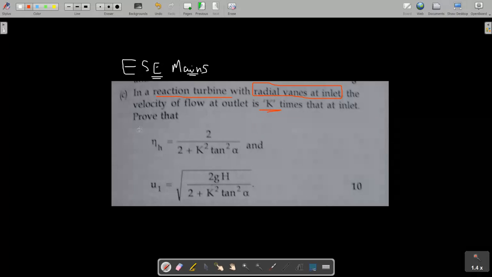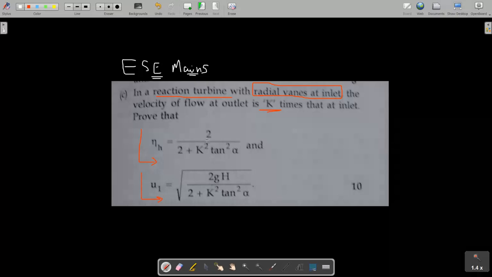So we have to prove this hydraulic efficiency equation and this runner speed u1. Very few things are given, and many things we have to conceptualize and use by our recall memory.